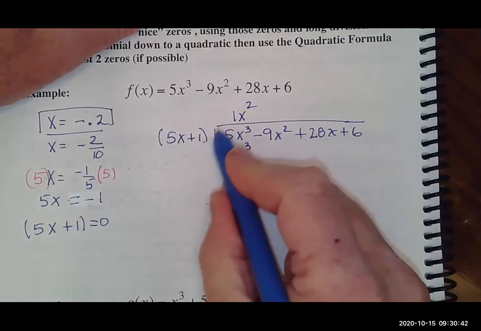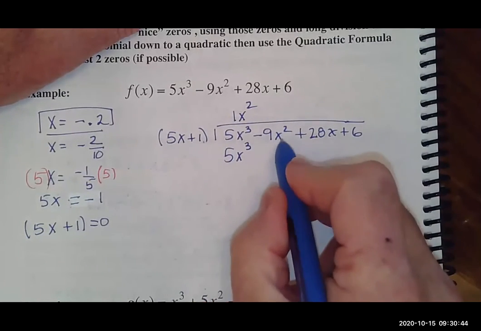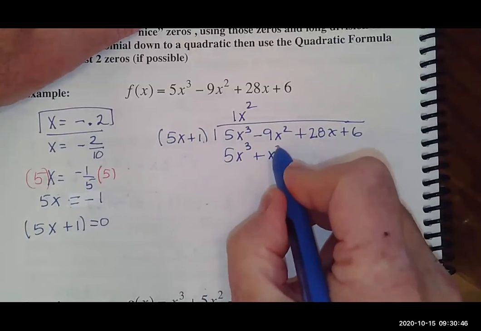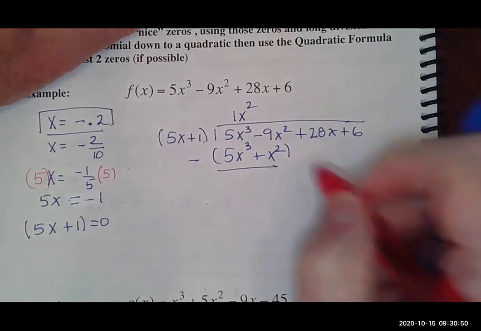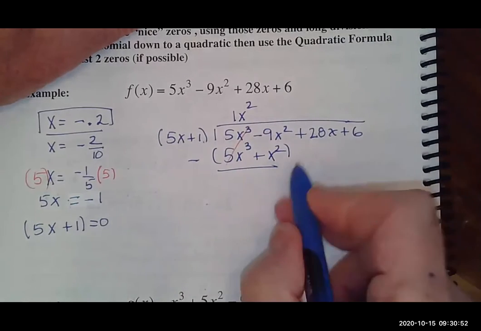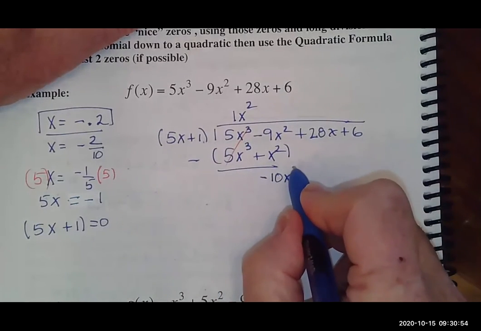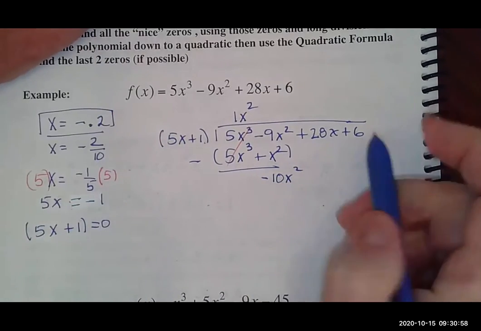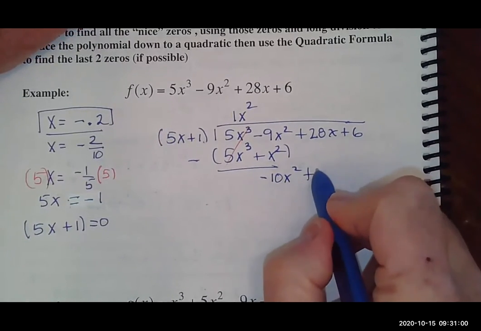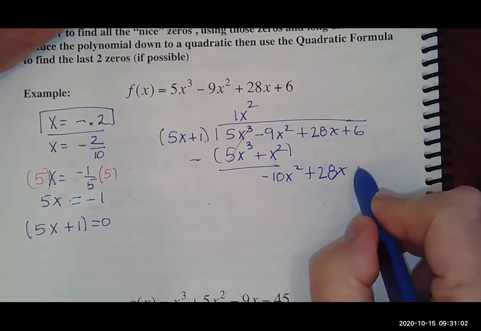And don't forget, multiply here, that's x squared, line it up. Subtract both, gone. Negative 10x squared, convenient, it's a multiple of 5. And bring the rest down, 28x plus 6.